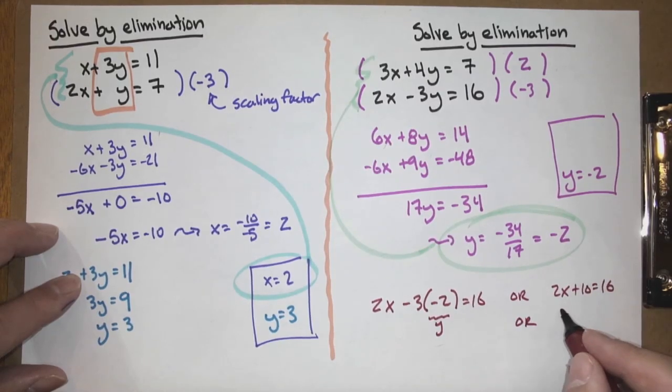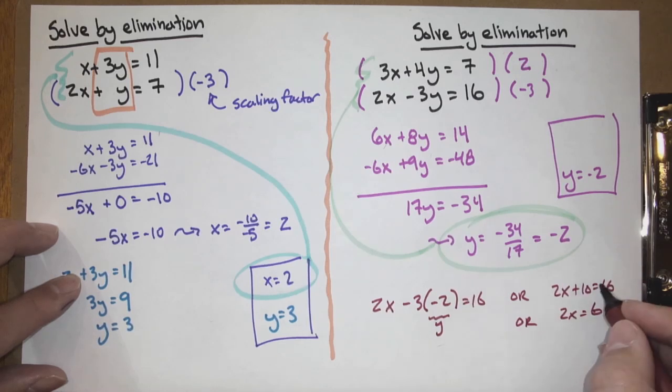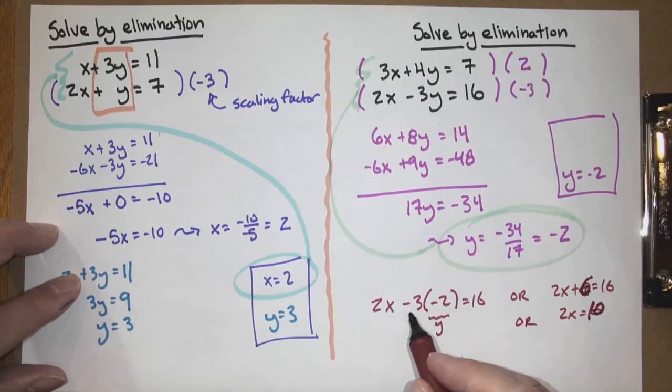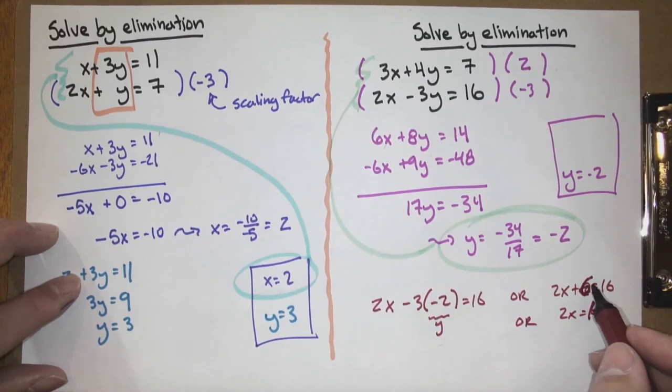Or 2x equals 6. I'm sorry, I got ahead of myself in the computation. Minus 3 times minus 2 is 6, so 2x plus 6 equals 16. 2x equals 10. Aha! I corrected my error before it became a mistake. Or x equals 10 divided by 2, which is 5.